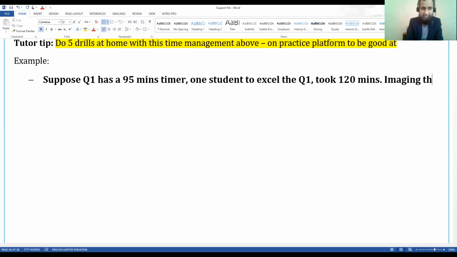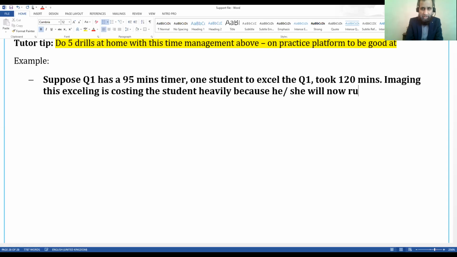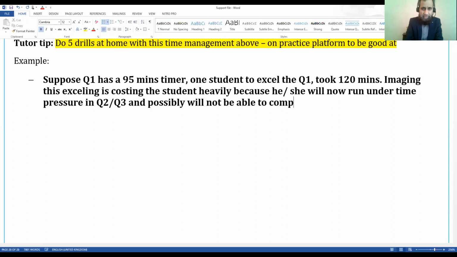Imagine this excelling is costing the student heavily, because he or she will now run under time pressure in Q2 and Q3, and possibly will not be able to complete a good set of paper.